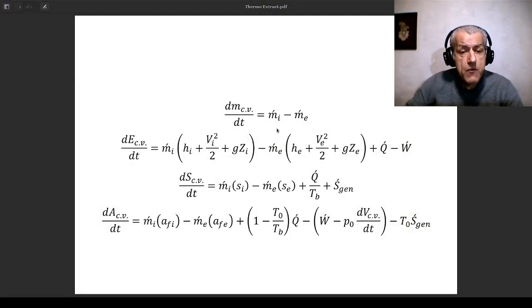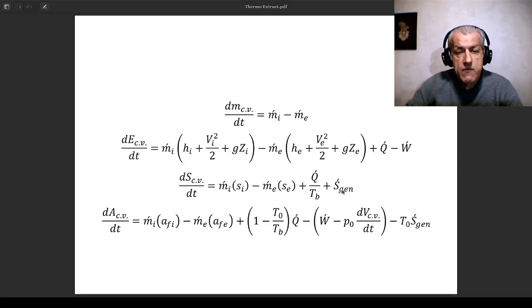You see, as before, the change of mass in the control volume or inside the system is a function of mass that enters or leaves. The change of energy is the energy going in with the mass that enters, energy leaving with the mass that leaves, heat transfer and work, and the change of entropy within those boundaries is a function of the entropy that enters with the mass that enters, the entropy that leaves with the mass that leaves, heat transfer, and also entropy generation.